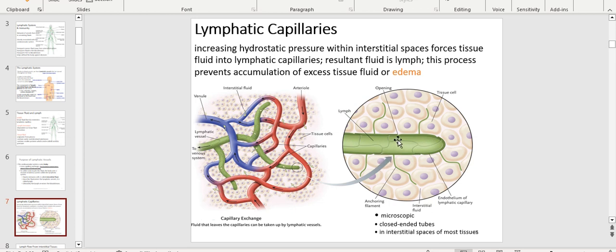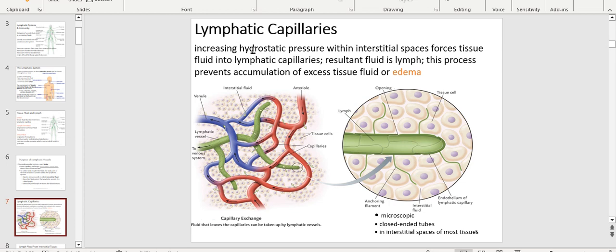It anchors itself in between cells, and the whole idea is that when there's too much fluid pressure building up in between cells, these lymph vessels open, and the fluid comes on in, and now it is officially called lymph. Microscopic closed-end tubes, all within the interstitial space.